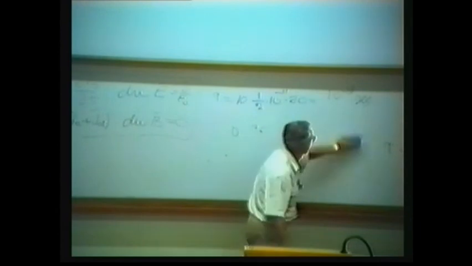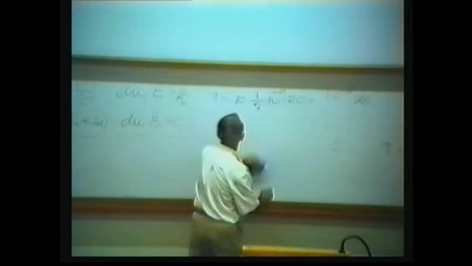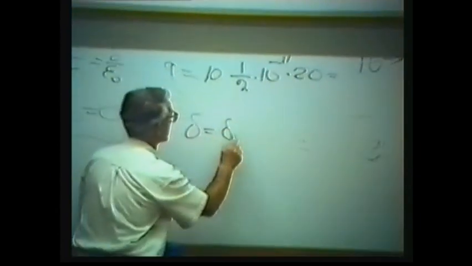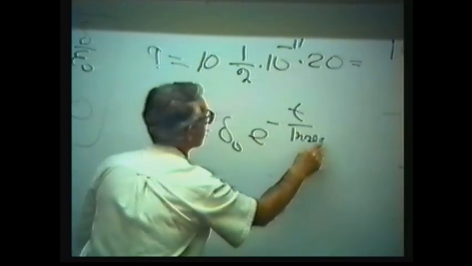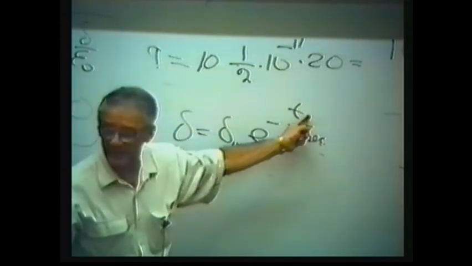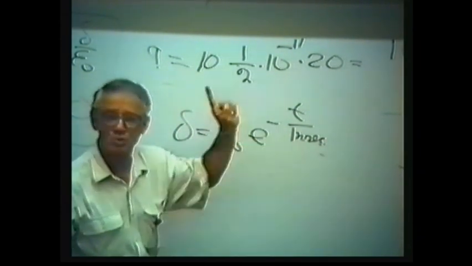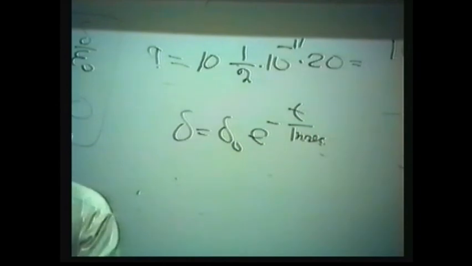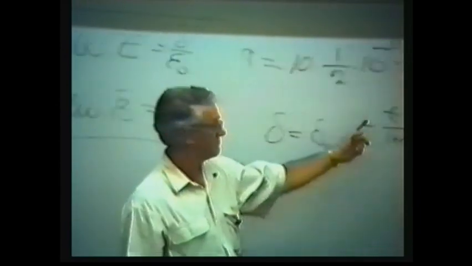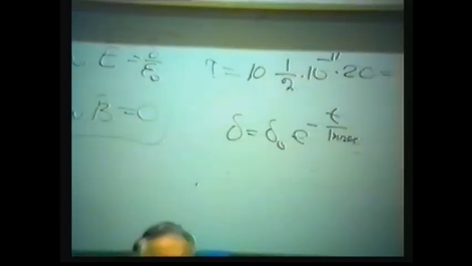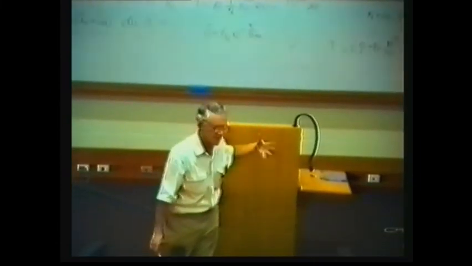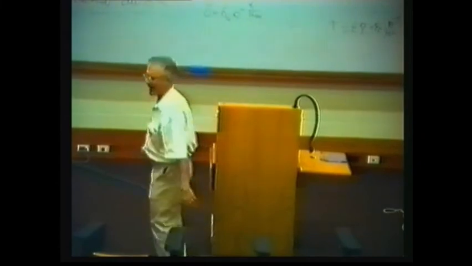Let me write again. Delta equals delta naught e to the minus t over 1 nanosecond. So if t equals 1 nanosecond, it will be e to the minus 1. Take 10 nanoseconds: e to the power minus 10, a small number? Awfully small number. So each time charge is placed into the medium, it quickly disappears in our cases.